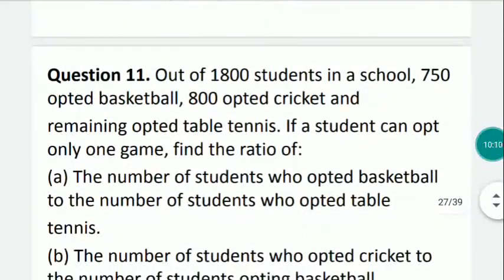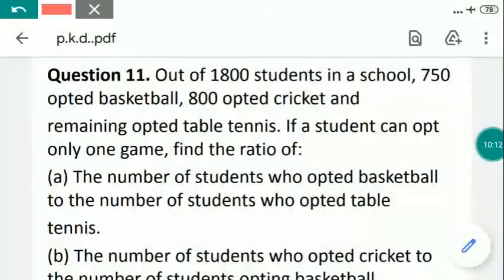Now question number 11. Out of 1800 students in the school, 750 opted basketball, 800 opted cricket, and remaining opted table tennis. Okay, so the remaining students, how can we find? That is 1800 minus 750 minus 800.